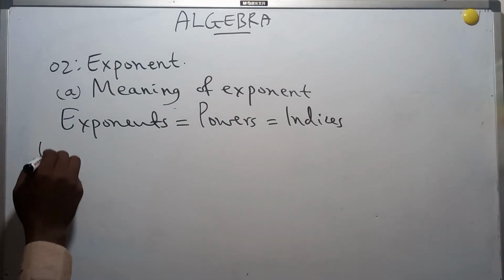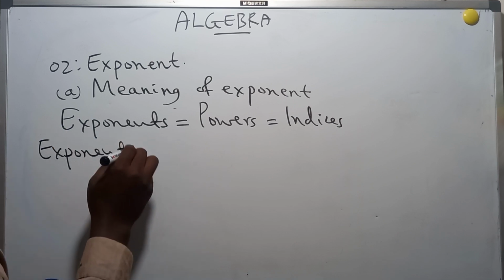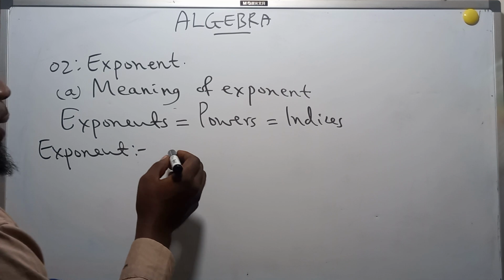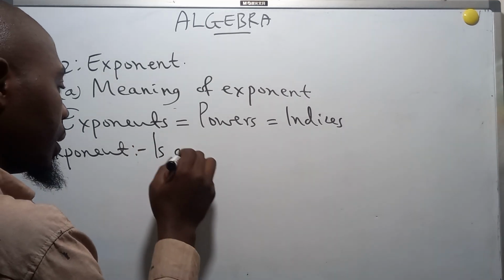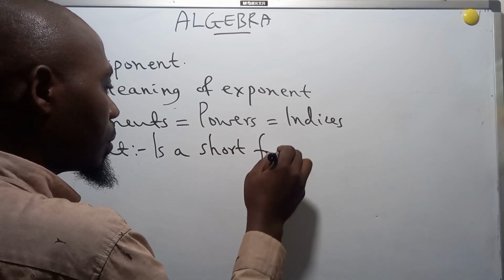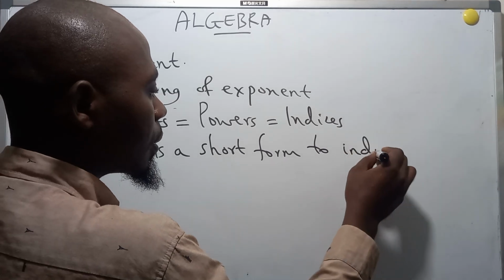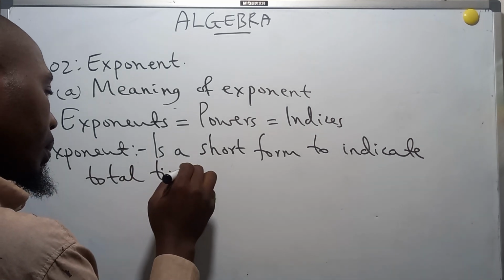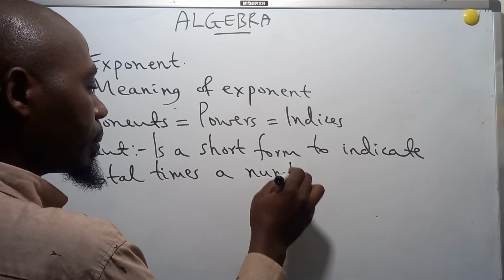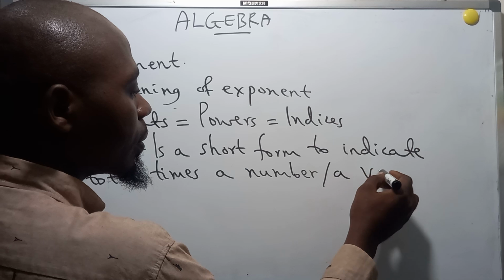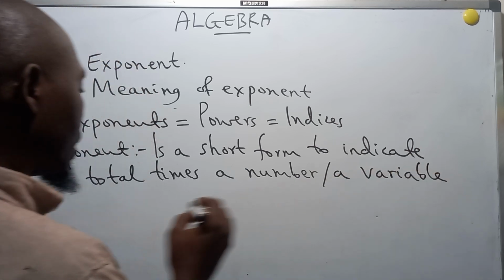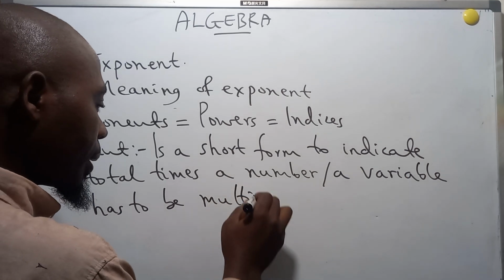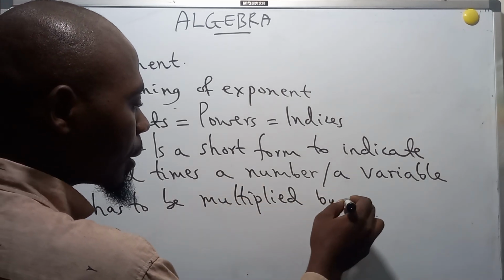By definition, exponent is a short form to indicate how many times a number or a variable has to be multiplied by itself.